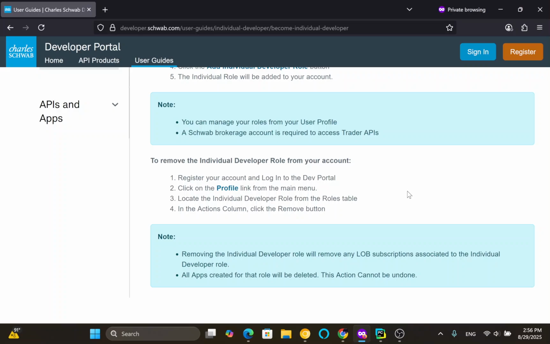Order type limitations. Available are market, limit, stop loss, stop limit. Not available are some complex option strategies and bracket orders, and restricted are the orders that usually require phone authentication. We won't go near the not available or restricted.